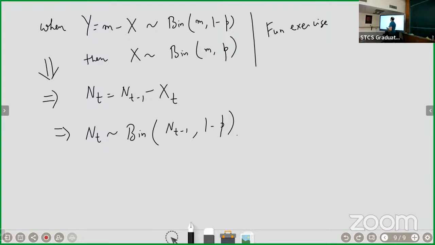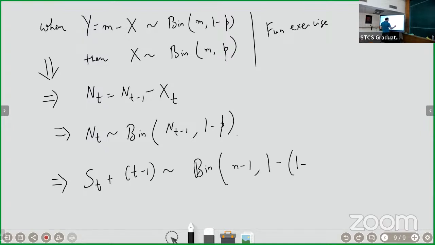And what this will imply is St plus t minus 1 is binomial. So what is happening is that t is showing up as an exponent of this, while the first component remains n minus 1.